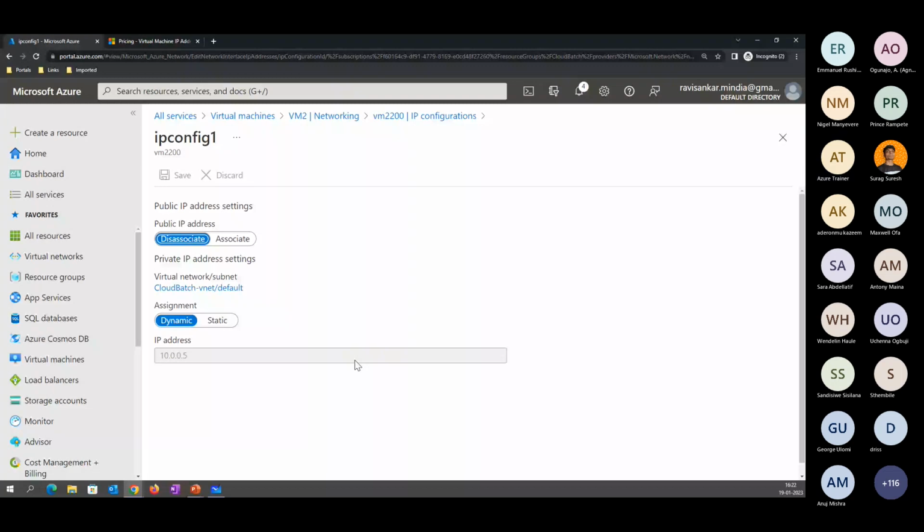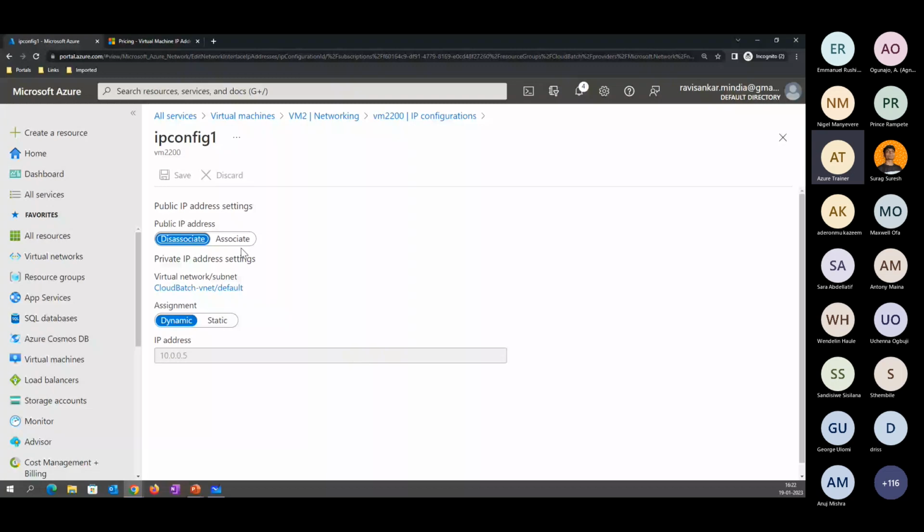Disassociate means that if you have an IP address available and you want to remove that public IP address, that is known as disassociate. Associate means that if you want to attach or map an IP address, the terminology we use in Azure is associate. So if I need to attach here, you can click on the associate button.